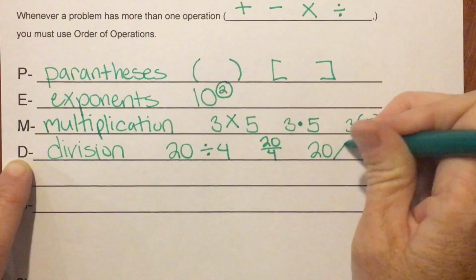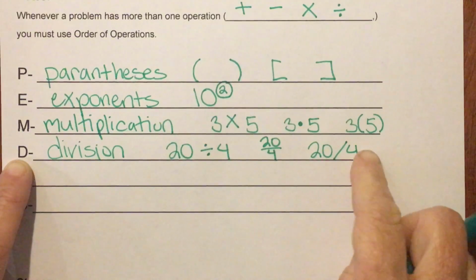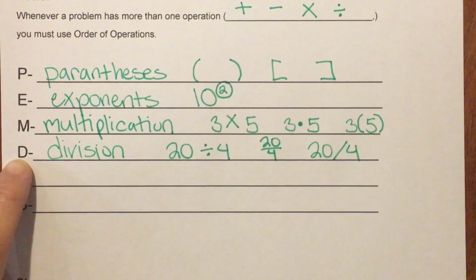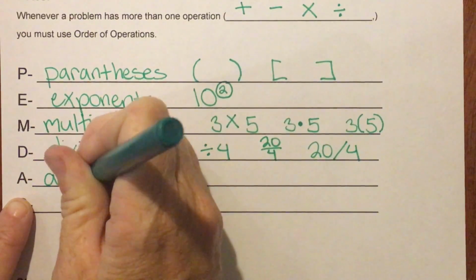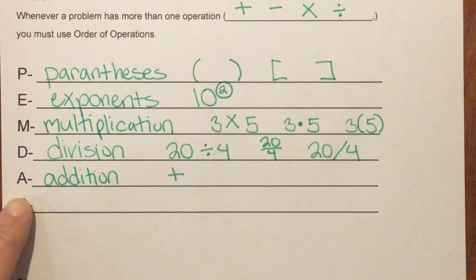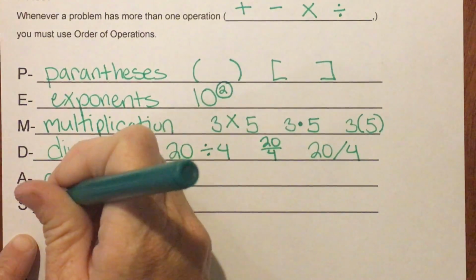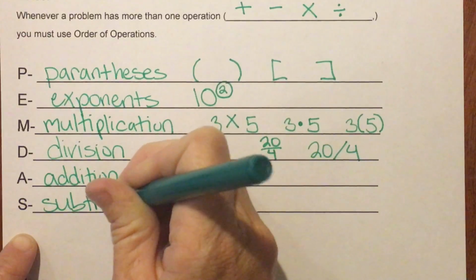Or it could be written like a fraction this way, 20 divided by 4. So we need to be aware that all of those represent division. Our A stands for addition, which will always just look like the addition sign. And then I bet you've guessed our S is subtraction.